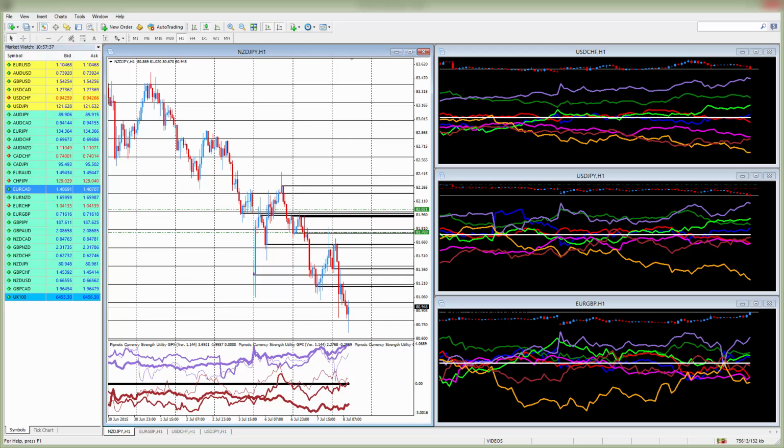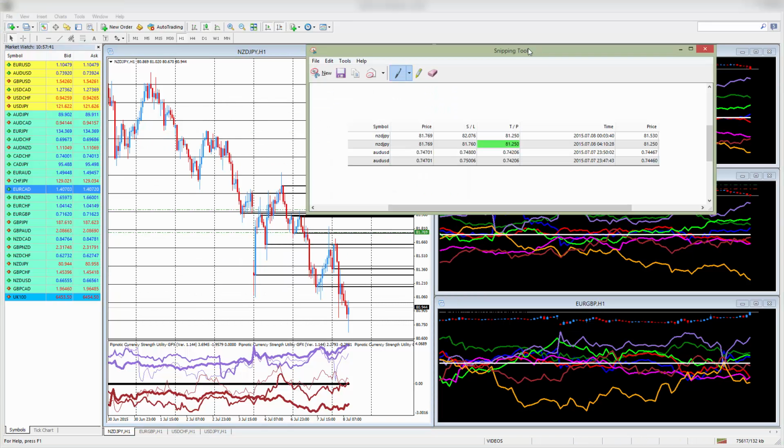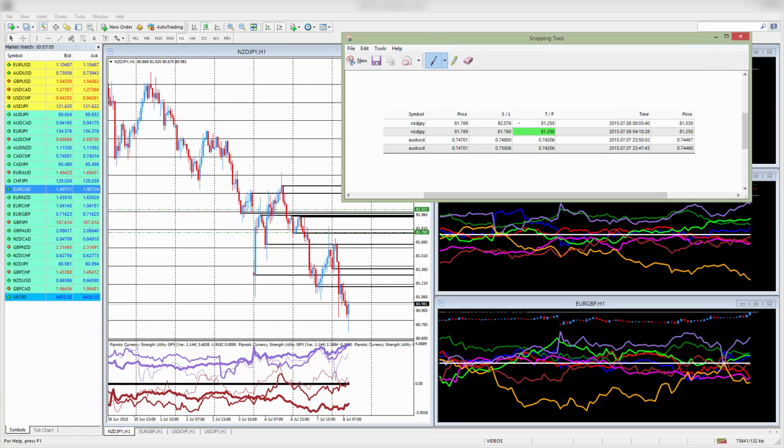You can see here are the trades, the details about the trade. So this is going to be this one here, where the entry was 81.769, which is here, and the stop was 82.07.